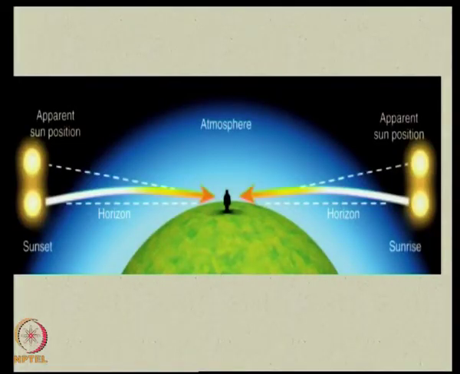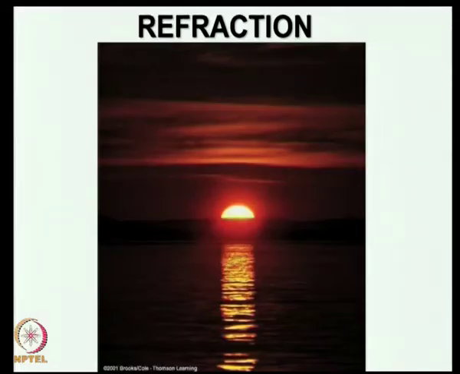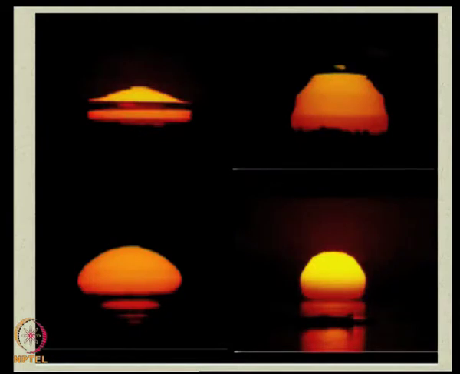And this is another way to explain that picture. Now, when the sun sets, you see some very interesting distortion of the spherical shape of the sun, and this is again on account of refraction.